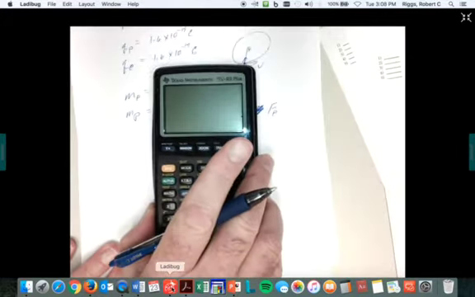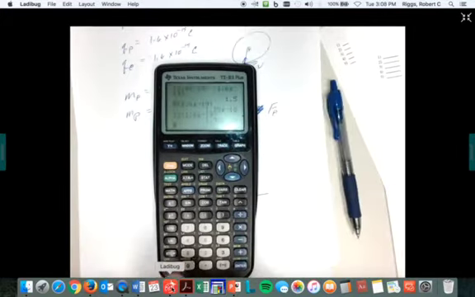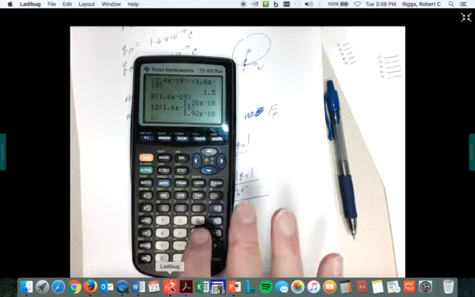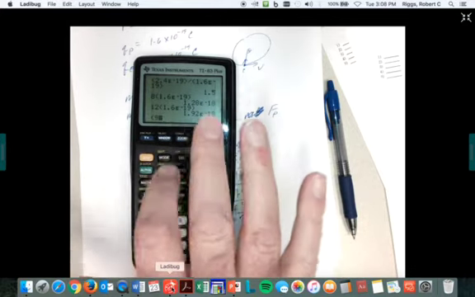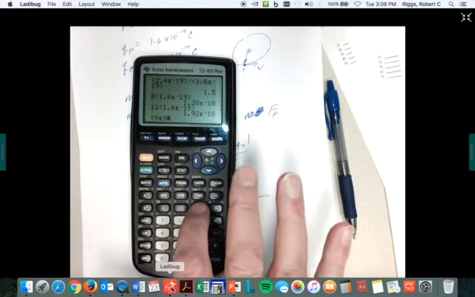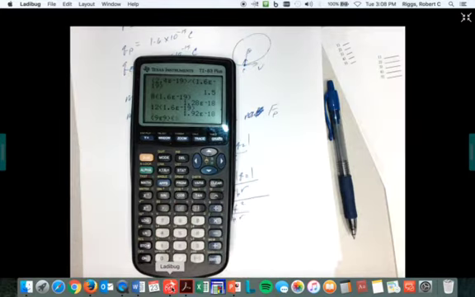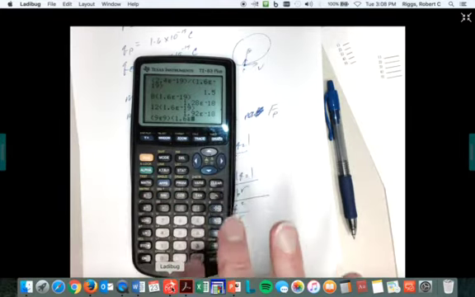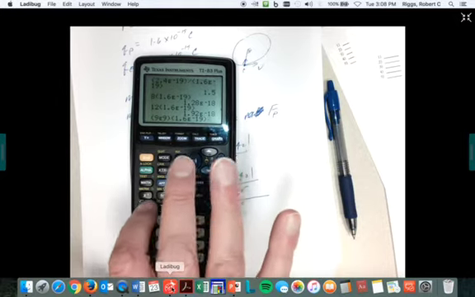So I'm going to do kq squared first, and I'll show you how I do it on the calculator. 9 second e to the 9th, there's k, times 1.6 second e to the negative 19, and I'm going to square that.